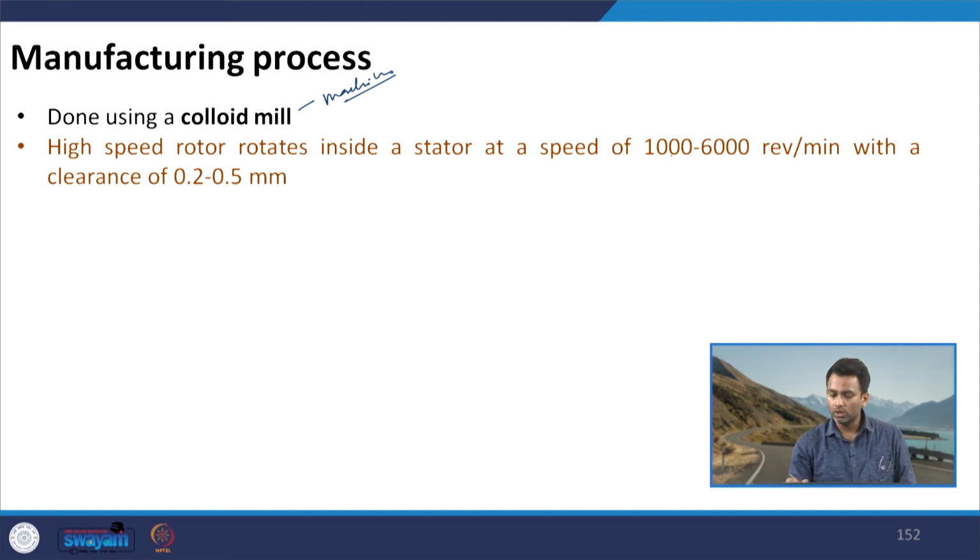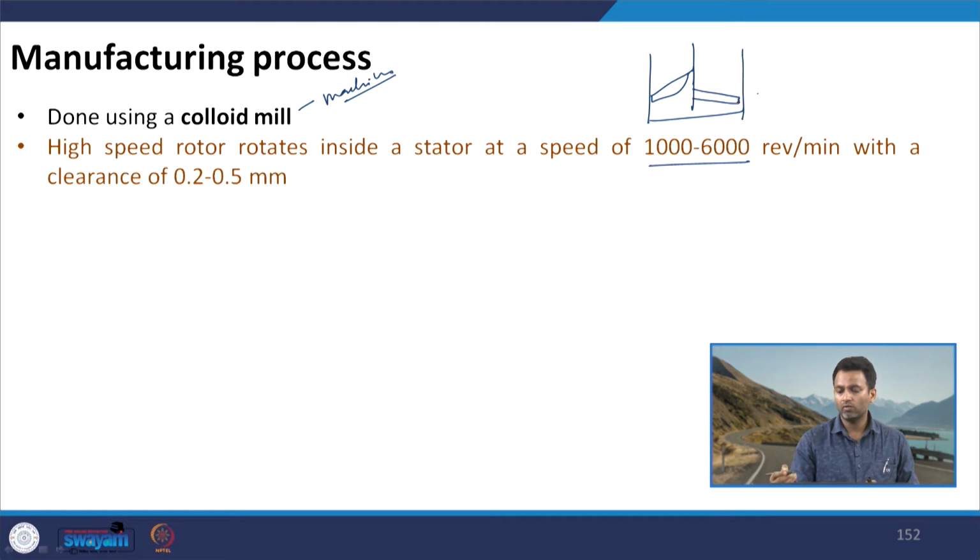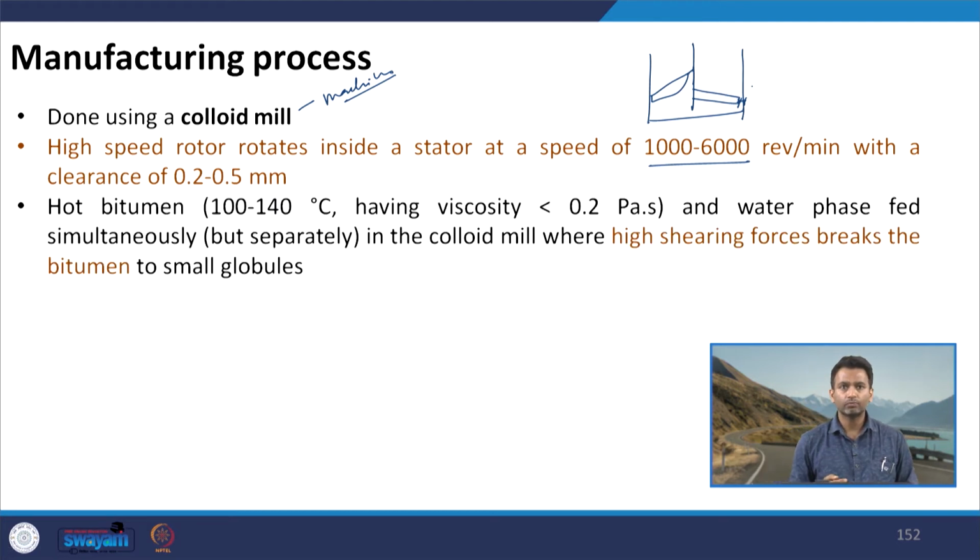The rotation takes place approximately at a speed of 1000 to 6000 revolutions per minute, and the clearance between the rotor and the stator, if you can imagine this is a rotor and we have a stator, is approximately 0.2 to 0.5 millimeter, and it can also be changed. So this is variable, it can be adjusted.